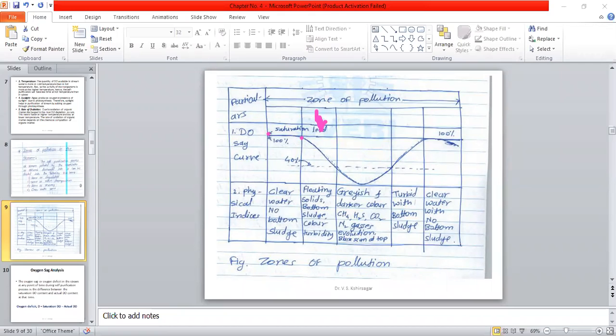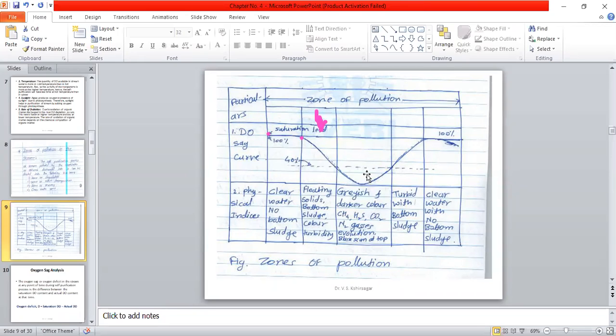This activity of worms will prevent the anaerobic decomposition in this zone. Only the aerobic condition will be observed here, because the dissolved oxygen level is not dropping down 100%. It is up to the 40%. Okay.